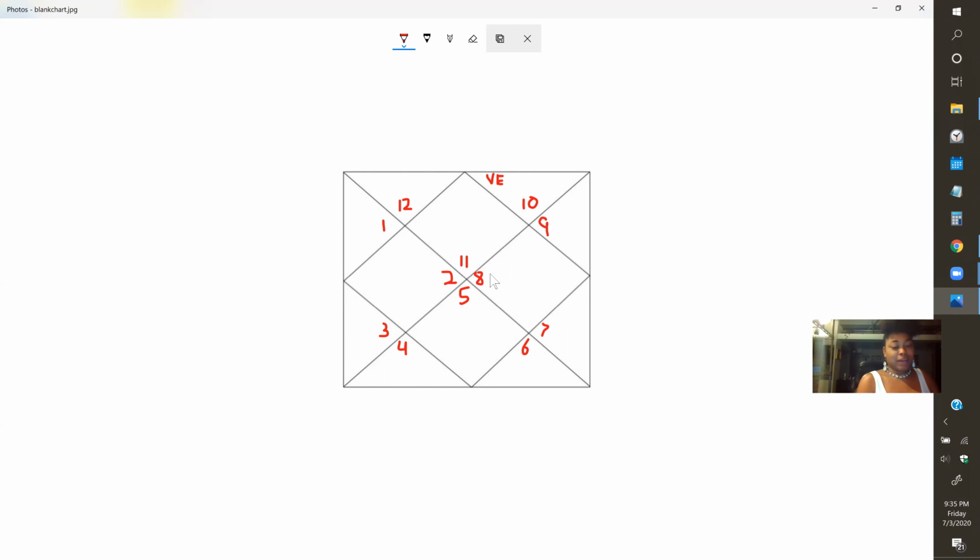Okay, I got Mercury in the 12th house as well. I'm gonna put it over here so y'all can clearly see it. These E's are killing me.